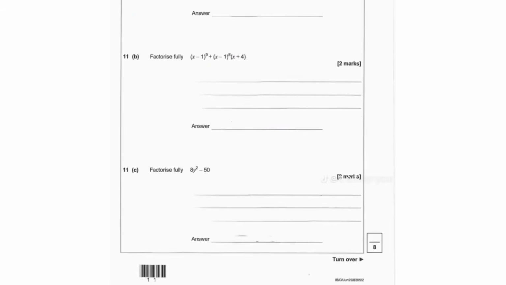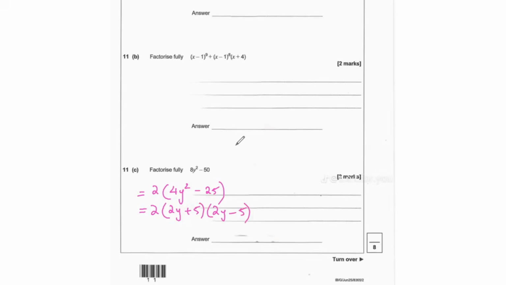Third part says factorize fully 8y squared minus 50. Again, let's see if there's a greatest common factor common between 8 and 50. And that's 2. 2 bracket 4y squared minus 25. Now, if you notice, 4y squared minus 25 is a difference of perfect squares. We have two perfect squares being subtracted. So that can be rewritten as (2y plus 5) times (2y minus 5).